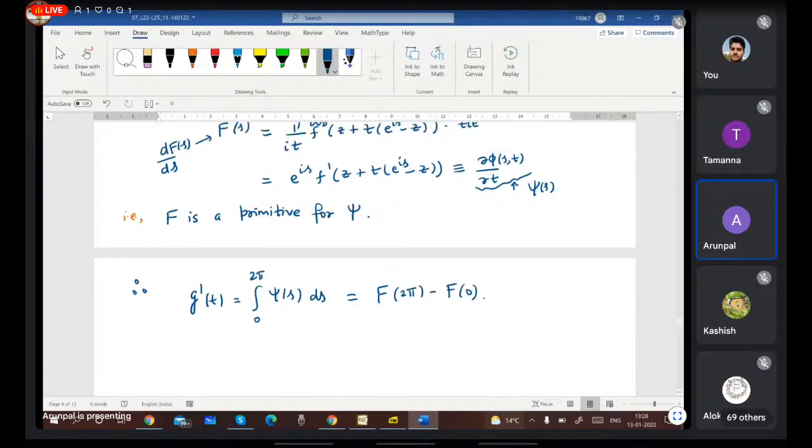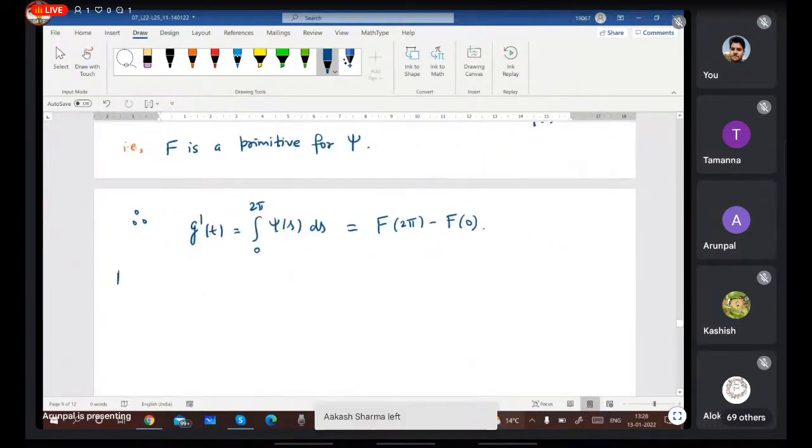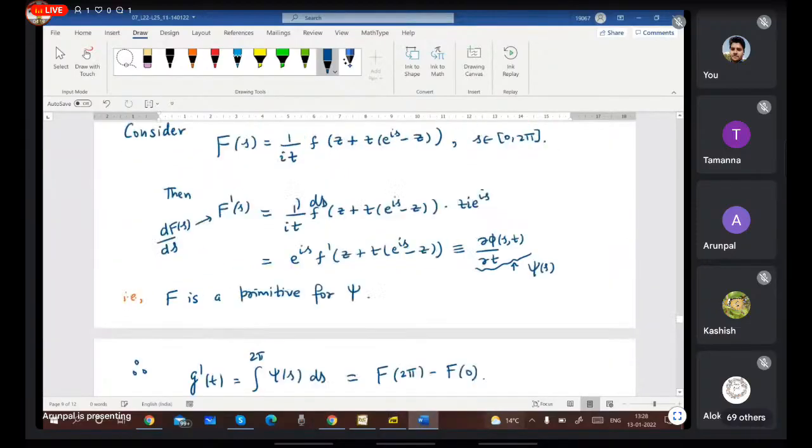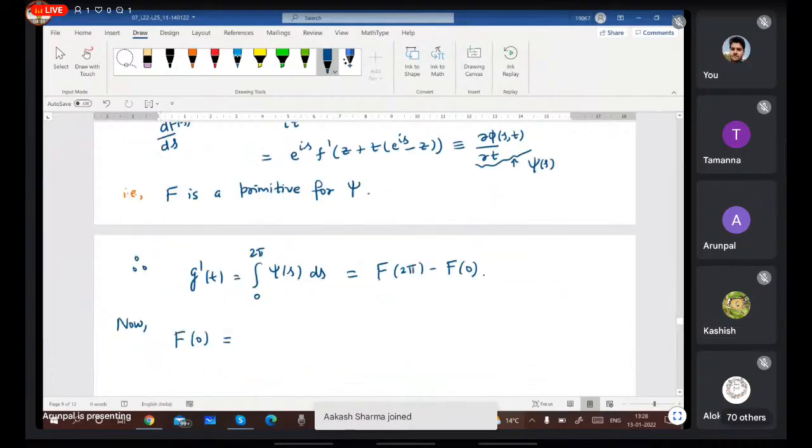Now, class, let's try to find out the value of F at 0. You can see that if you put s is equal to 0, you will have e to the power 0 equal to 1. So I think you can easily see what F0 will be. I am writing that for you.